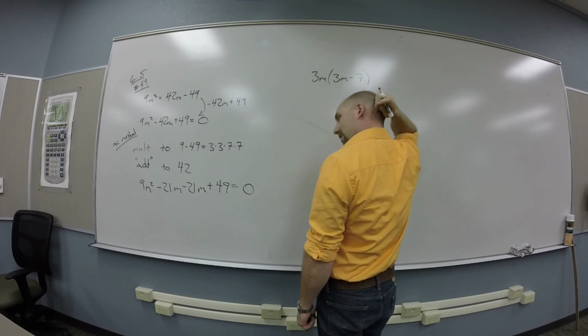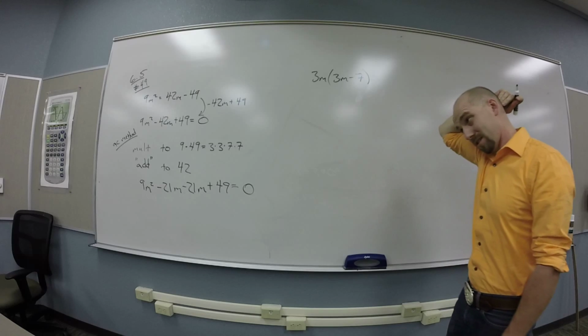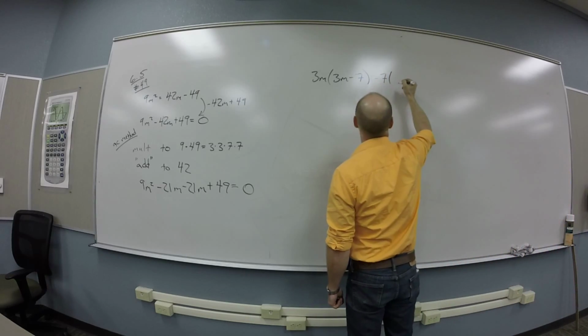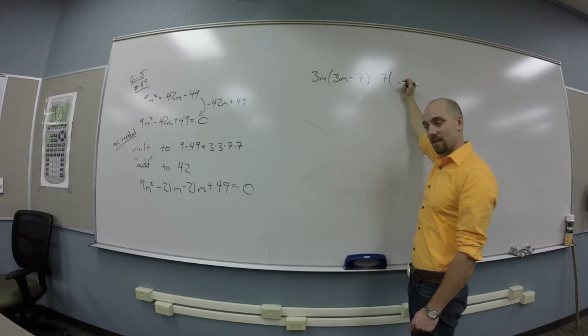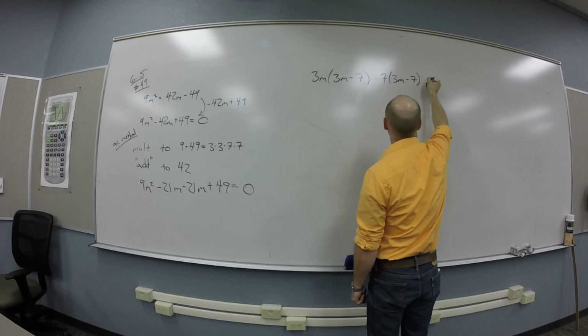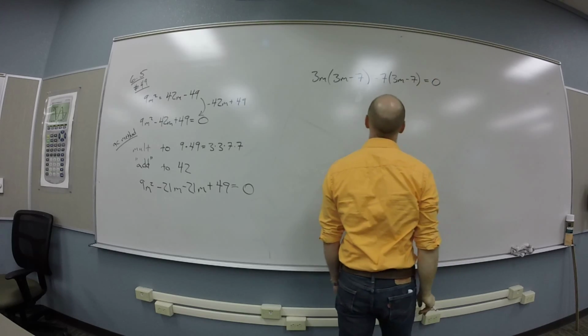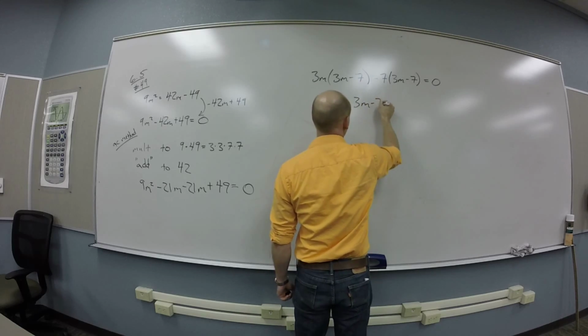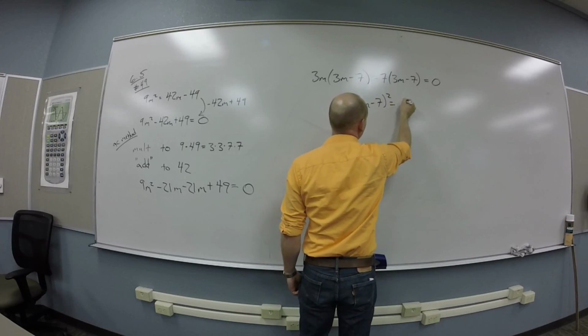And then what can I factor out of the other guy? A negative 7. And what am I left with? 3m minus 7. So I get 3m minus 7 squared.